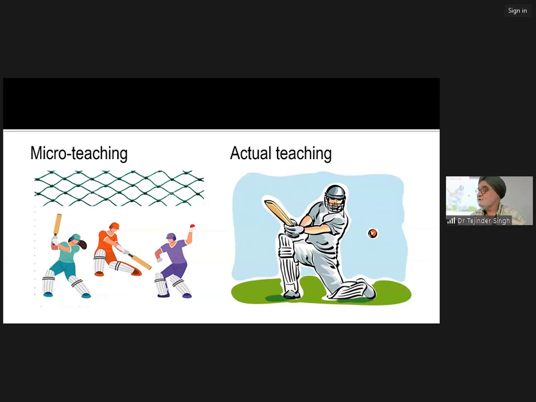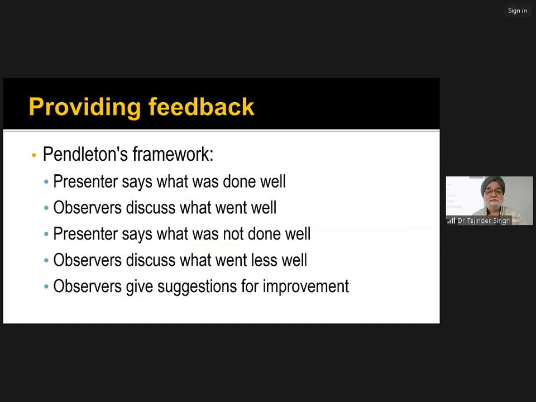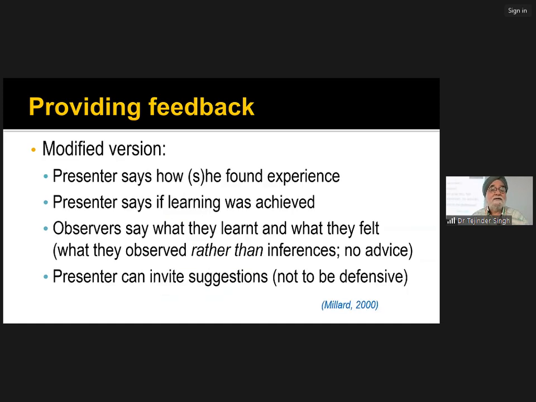Both would be disastrous. So look at micro teaching as a net practice where the purpose is to improve yourself. The purpose is to learn new techniques, new tricks, new ways to deal with unprecedented situations rather than actually performing. The actual performing comes only when you are in the classroom. This I have already said, so I'll not elaborate more on that.